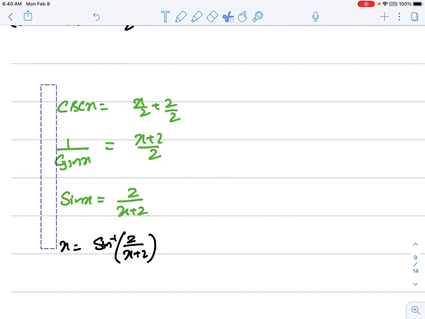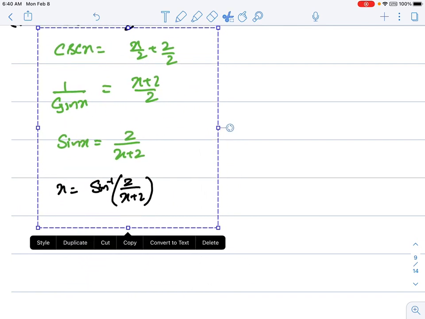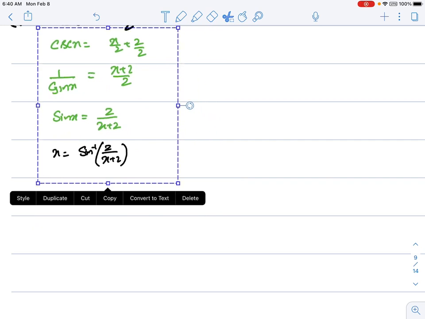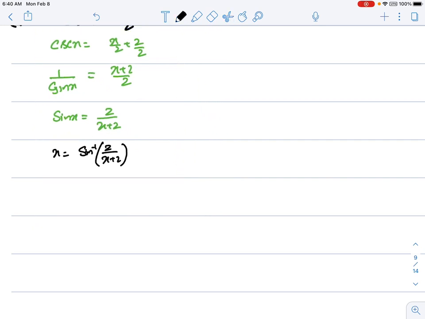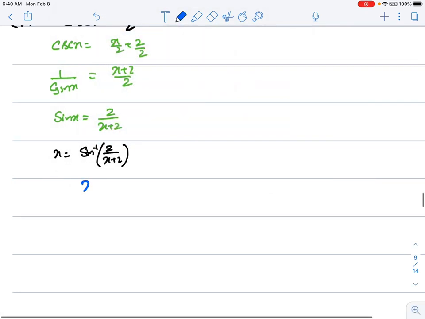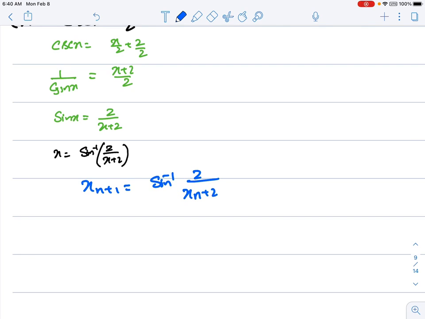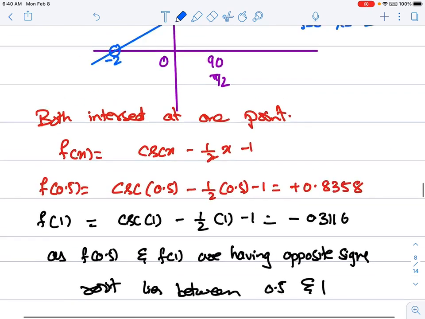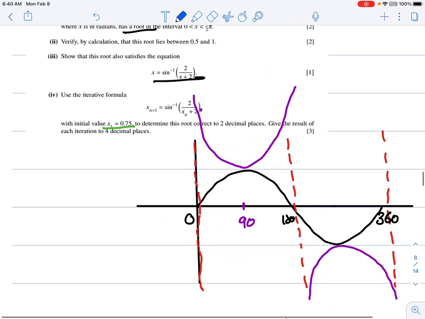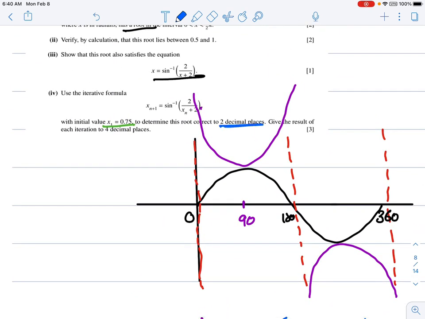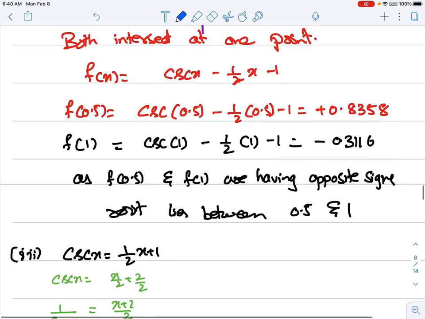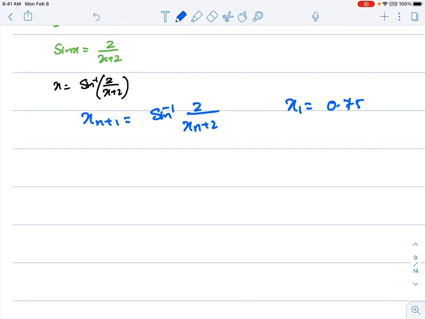The initial value x1 is 0.75, determined to 2 decimal places, giving each iteration in 4 decimal places. So each iteration should be done in 4 decimal places.